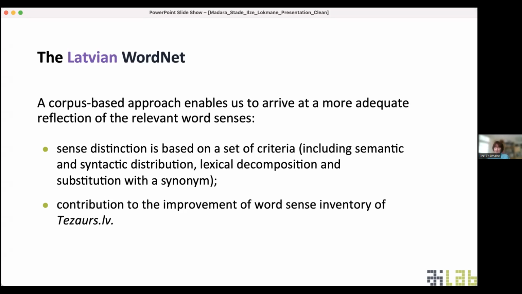A second objective was to make entries clearer and more comprehensible to a user of the dictionary. So we tried to achieve two goals at a time, and we hope that we have managed to contribute to the improvement of the word sense inventory of the thesaurus as well.